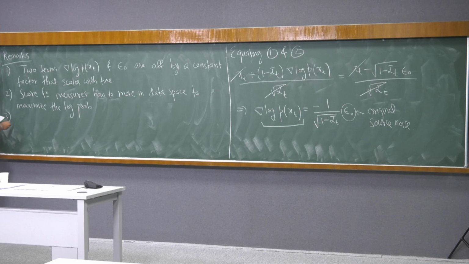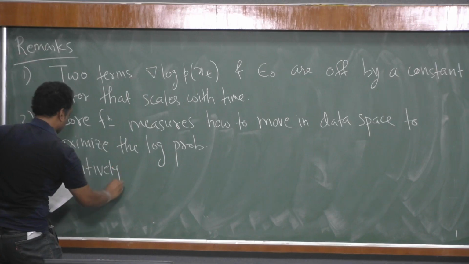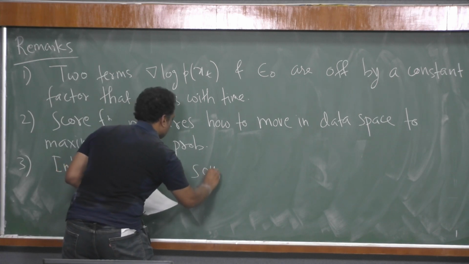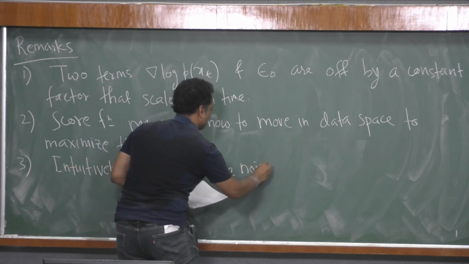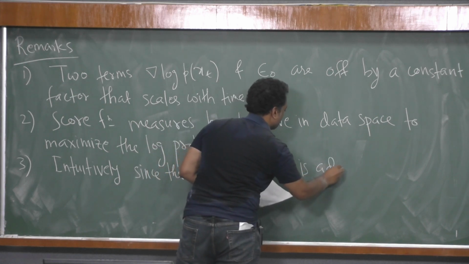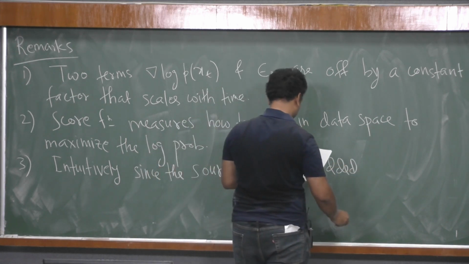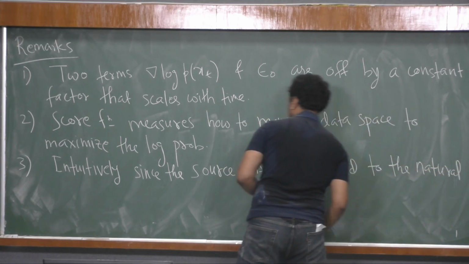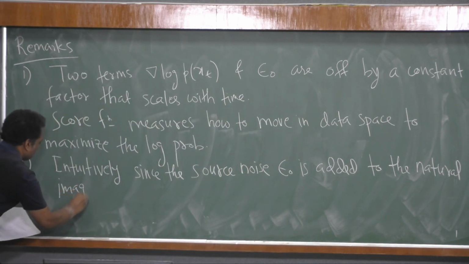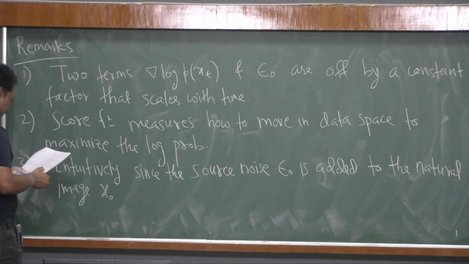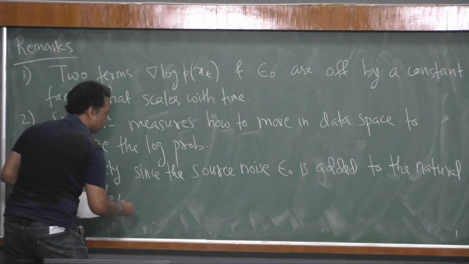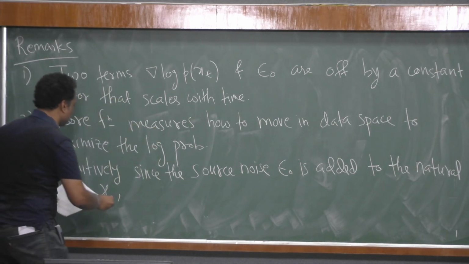So intuitively, since the source noise epsilon naught in this case is added to the natural image x naught basically to make it noisy, moving in the opposite direction is what this represents.